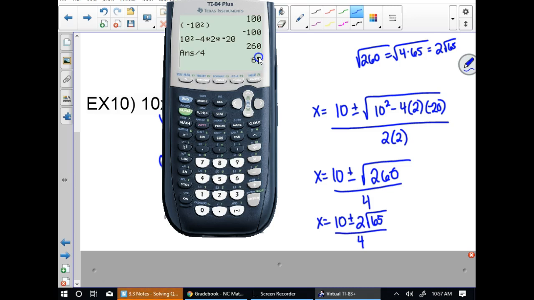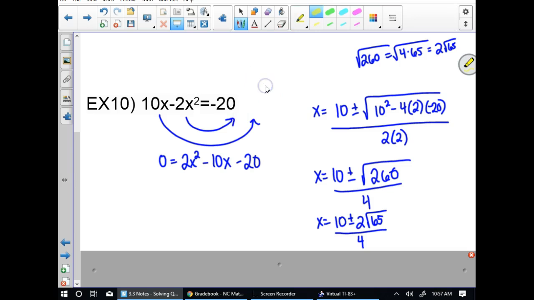Now let me show you something here. This will reduce, but you have to be really, really careful. In order for this to reduce, 10, 2, and 4 all have to be divisible by the same number. Everybody always skips 2 right here. They ignore it right there. So all 3 of those have to be divisible. They are divisible by 2, so you can reduce here.